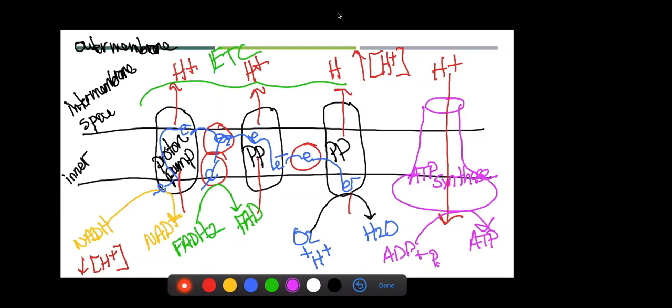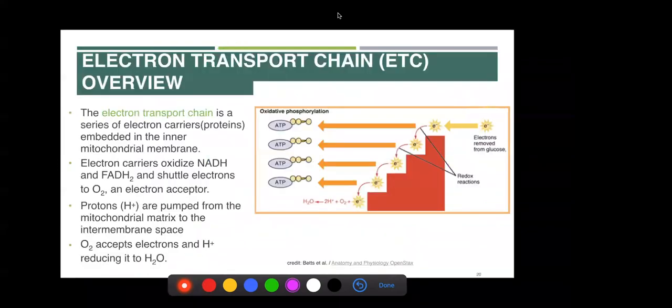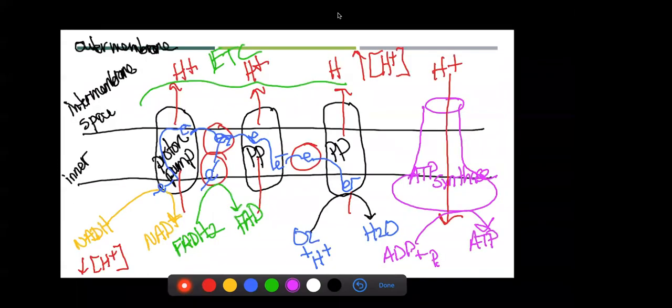Whew. And this part right here is called chemiosmosis. The whole thing is called oxidative phosphorylation.